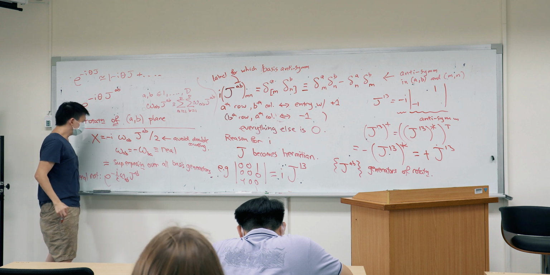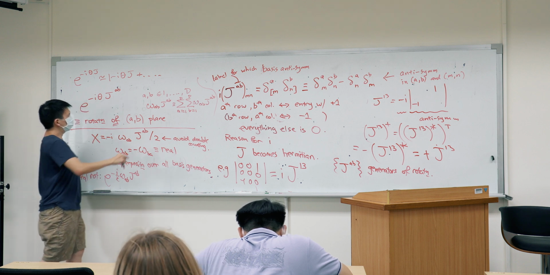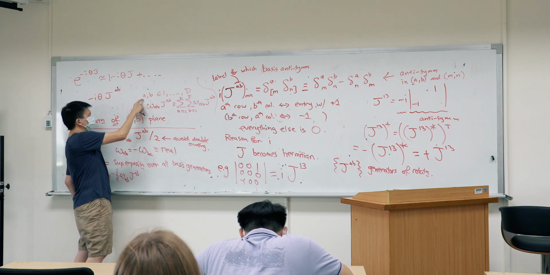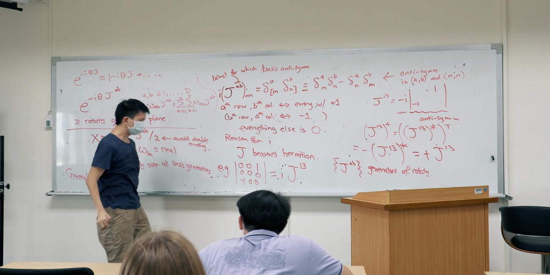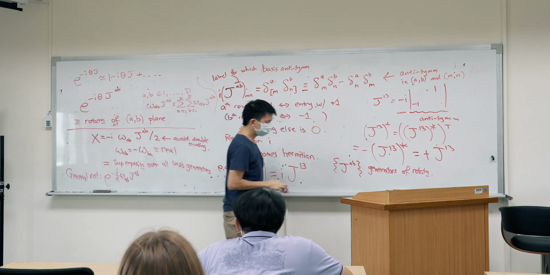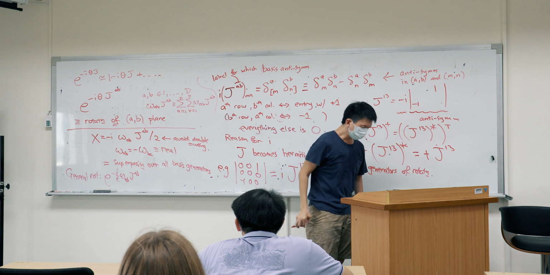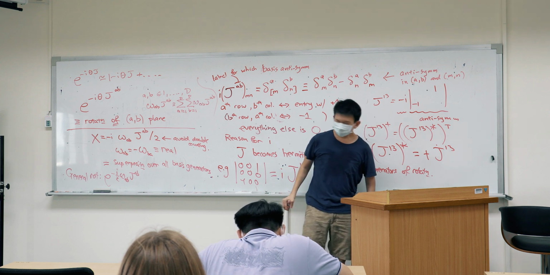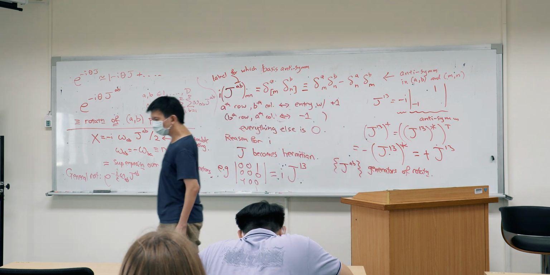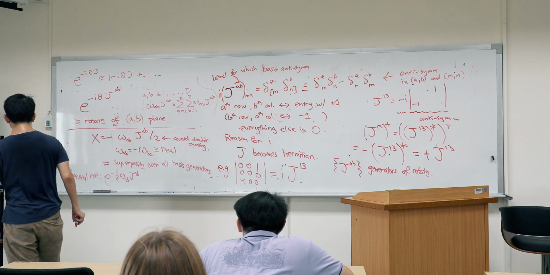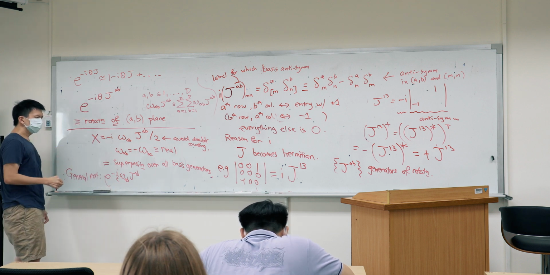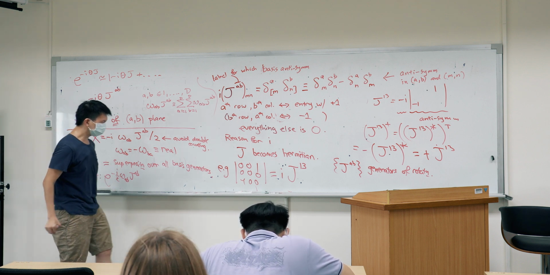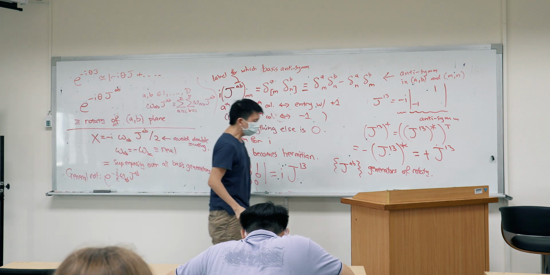The other thing I want to say is that I will usually use the notation where my English alphabet letters run over spatial coordinates only. Later on we're going to do special relativity where there's now time, and certainly in quantum field theory there's going to be time.